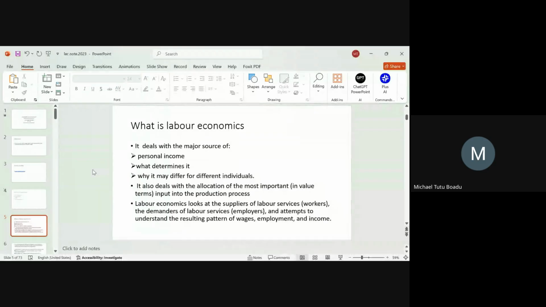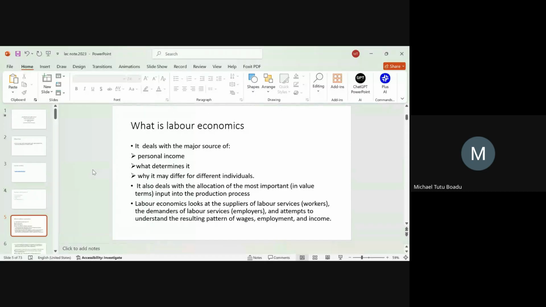So labor economics looks at the supply of labor services, how you and I supply our labor services, and how our employers also demand our labor services.